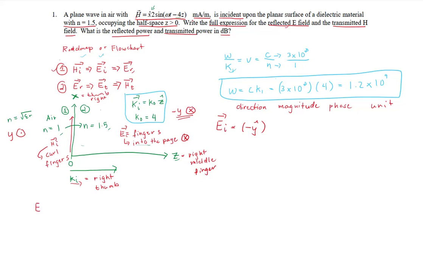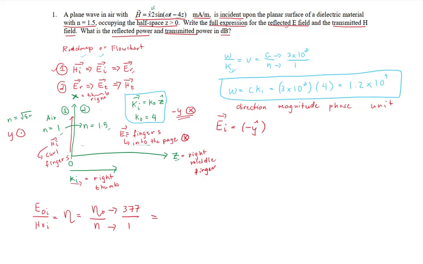Magnitude can be obtained from E naught over H naught, and since we're dealing with incidence, E naught of I over H naught of I is equal to eta, and eta is equal to eta naught divided by n, eta naught being 377 ohms for non-magnetic materials, and n is the n for air, which is 1.